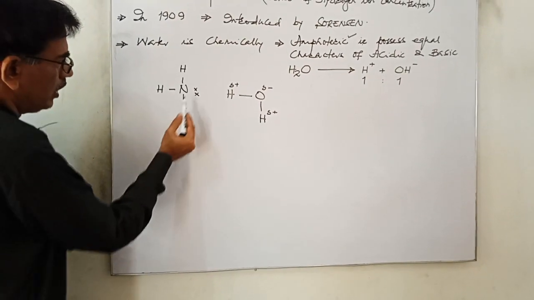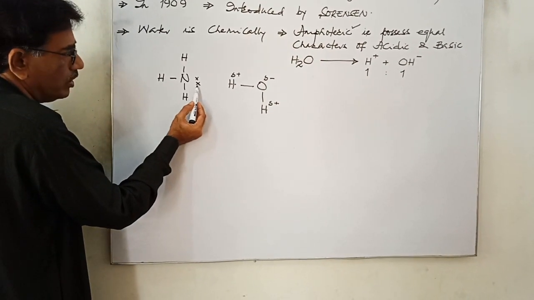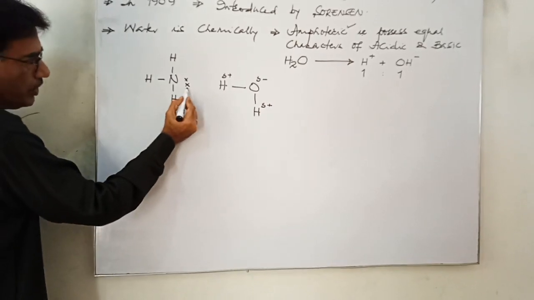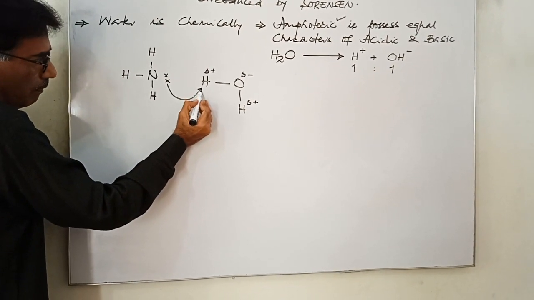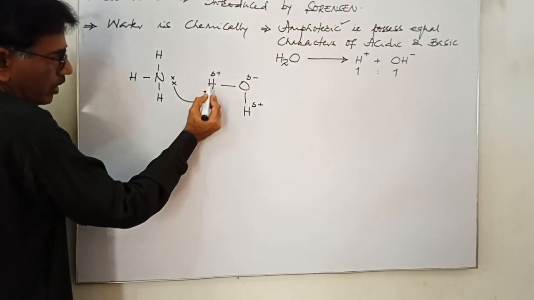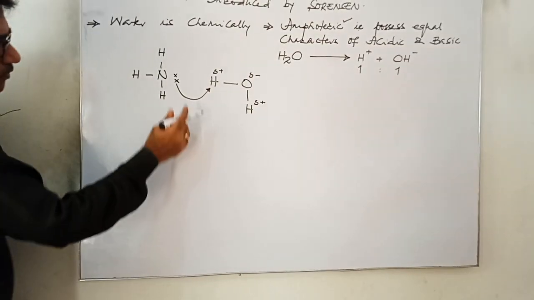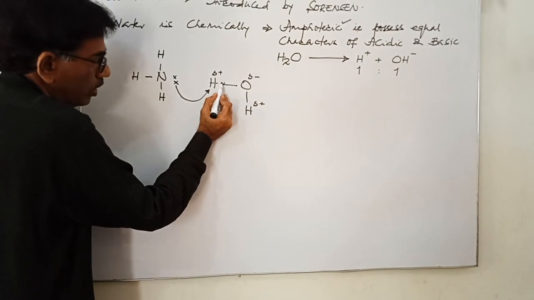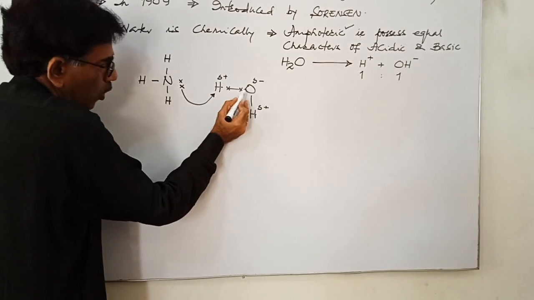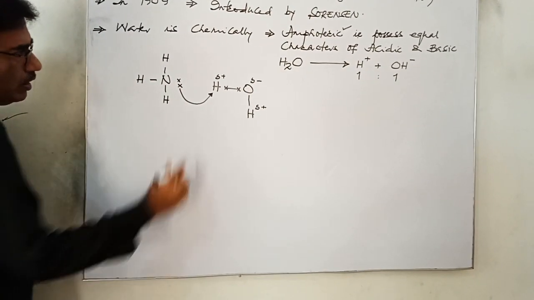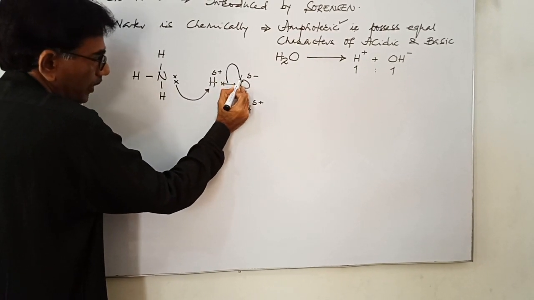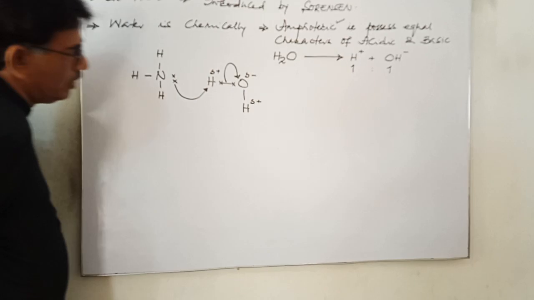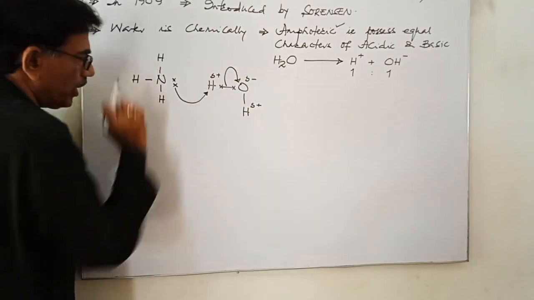As you know, the lone pair of nitrogen first interacts with the partial positive part of water, that is the proton, and within the water, due to more electronegativity of the oxygen, this bond pair is more attracted towards oxygen, and that creates partial positive and negative.